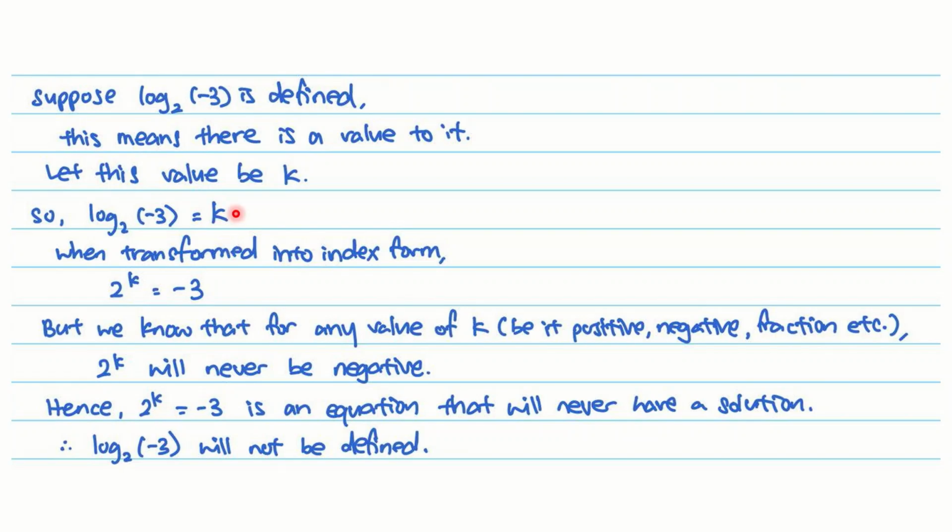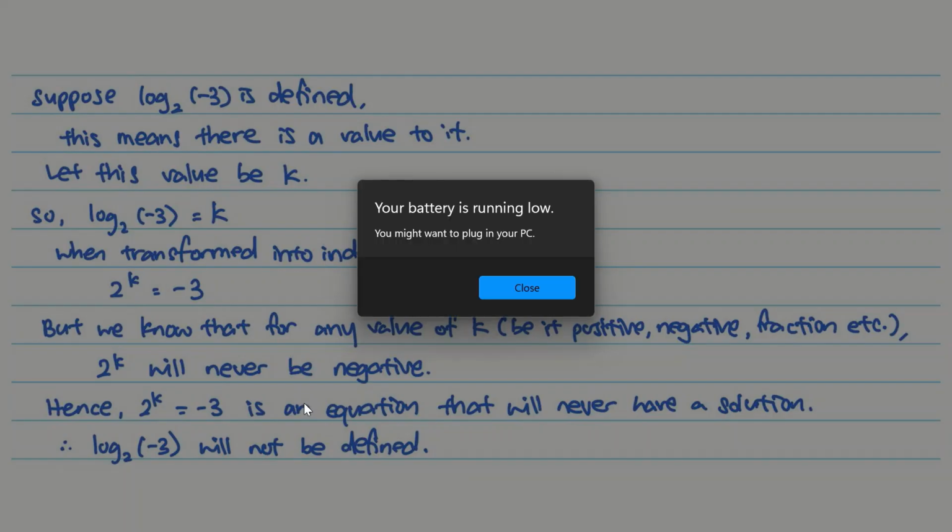And therefore, it brings us back to our first statement about our assumption that it is defined. Because of the contradiction that comes out as a result of it, we see that our assumption that log negative 3 base 2 is defined is wrong. So therefore, log negative 3 base 2 will not be defined. So what we're doing over here is proof by contradiction.